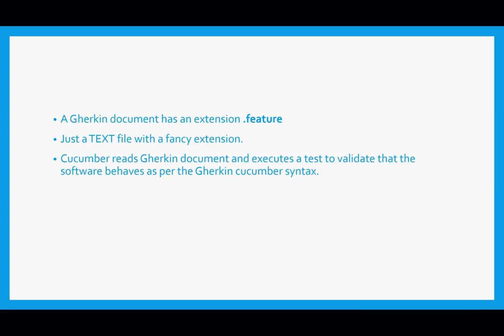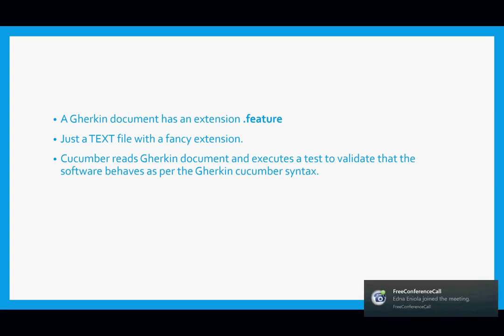But keep in mind that Gherkin is just a document with an extension of .feature. And then what Cucumber will do for you is read the Gherkin document, then execute the steps to validate what your system should do.